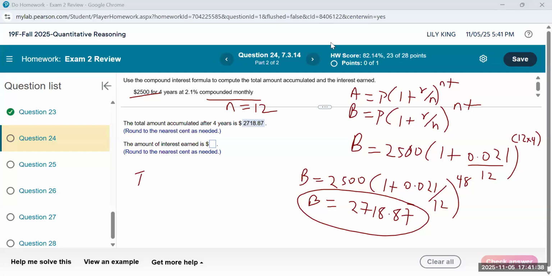So to find the interest, your balance minus the principal. So 2718.87 minus $2,500. This is 218.87.